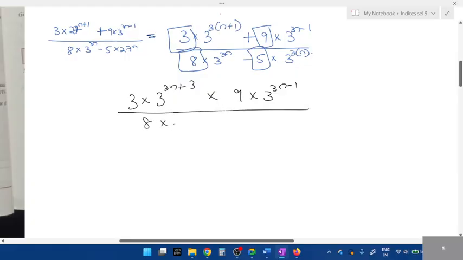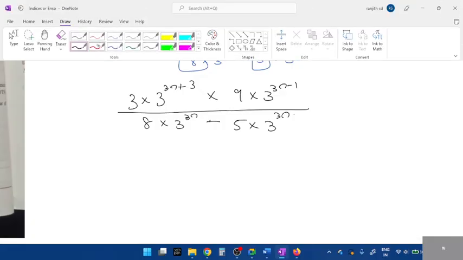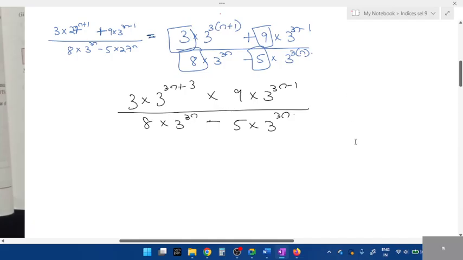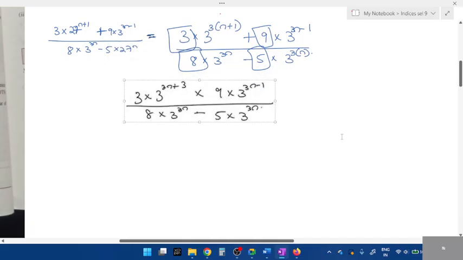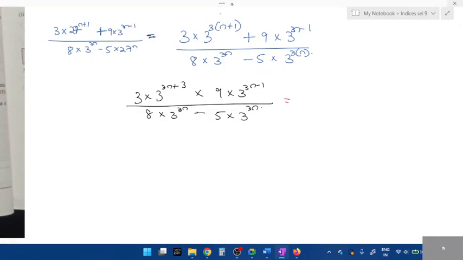Second step. All of you will respond. Next one. Whenever the powers have variable and numbers. Which power has variable and number here? Yes, tell me.